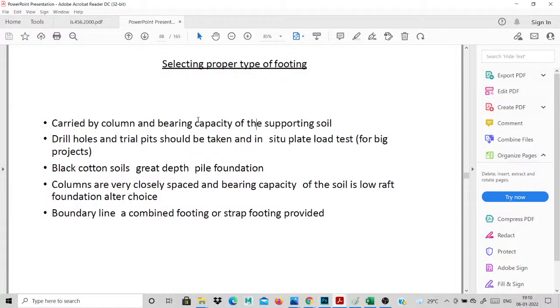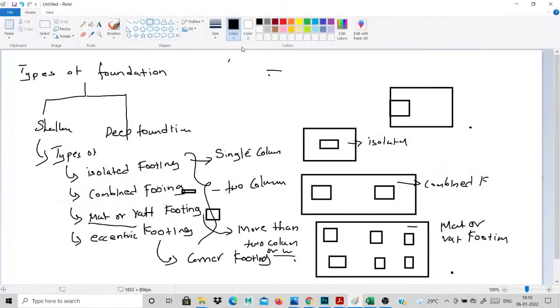To calculate your footing, you need the load. This is our column, this is our pedestal. You calculate how much load is acting on your column, then the moment also, then the upward pressure, the SBC, safe bearing capacity.